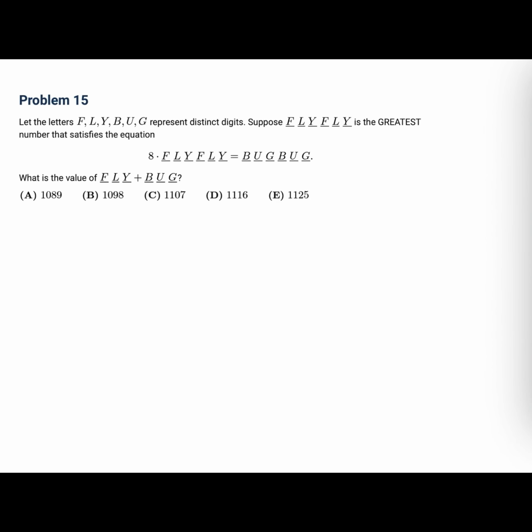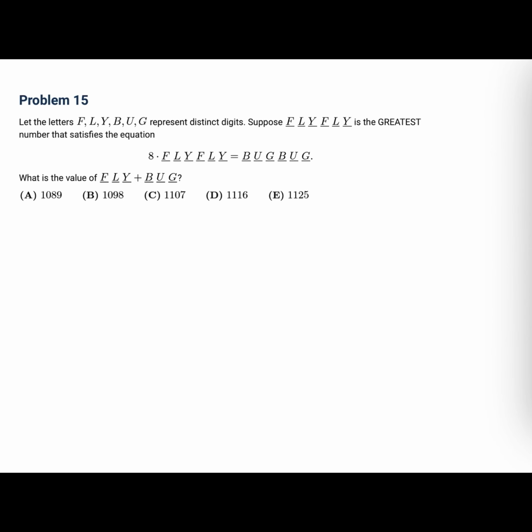Problem 15. Let the letters F, L, Y, B, U, G represent distinct digits. Suppose FLY is the greatest number that satisfies the equation 8 times FLY equals BUG.